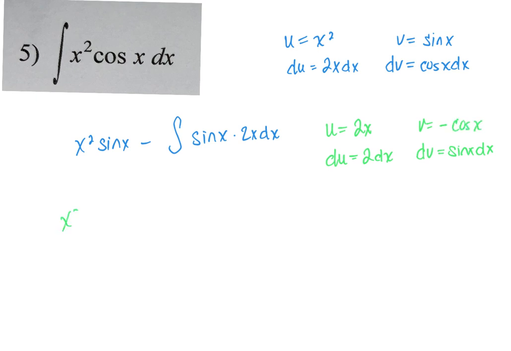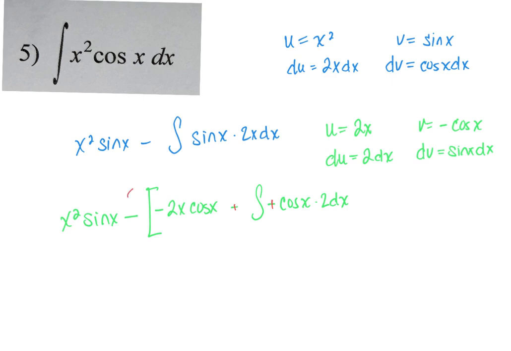So I have x squared sine of x minus, and I like to put this in brackets because that helps with positives and negatives. So I have 2x negative cosine of x minus the integration of negative cosine of x times 2 dx. If I do my negatives here, this turns positive, right?